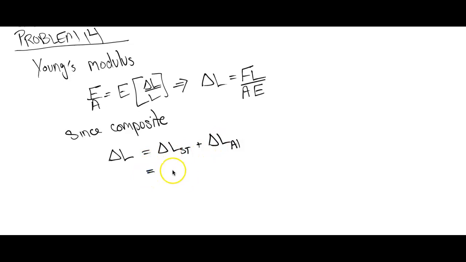And that means that we have the force on the wire times the length part that is made of steel divided by the area of that wire times the Young's modulus for steel, and similarly for the aluminum part.